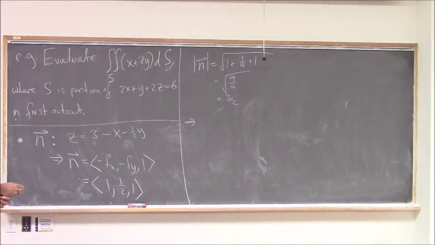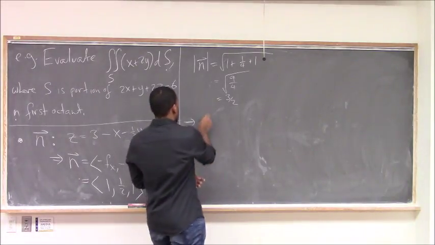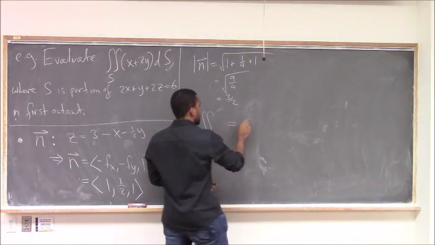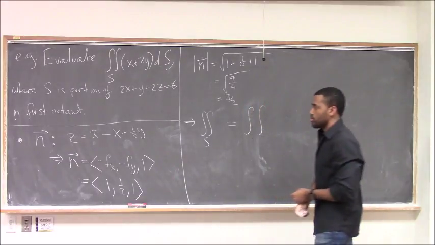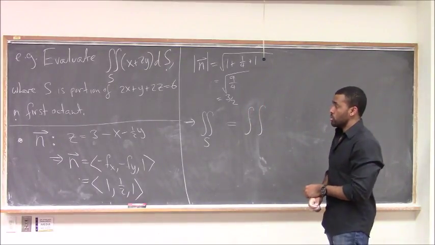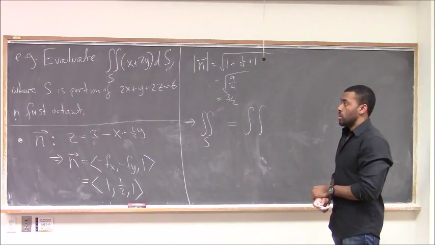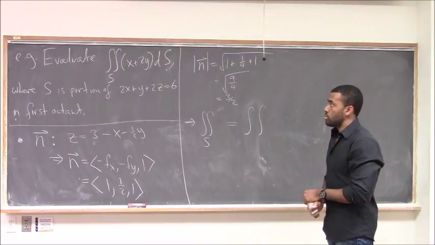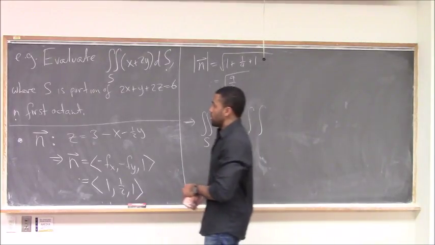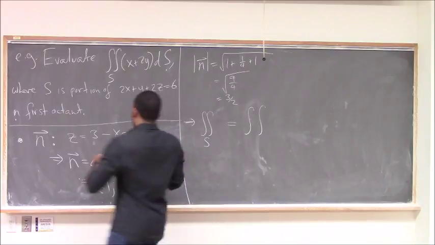So we found the magnitude of the normal. Now we're going to jump directly into that formula. We know the double integral over S is going to be equal to... Do we need to parameterize the surface? No, it's already done.